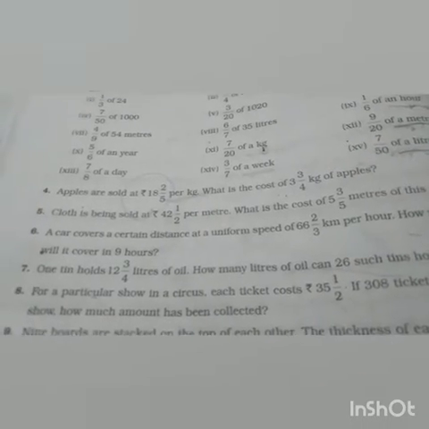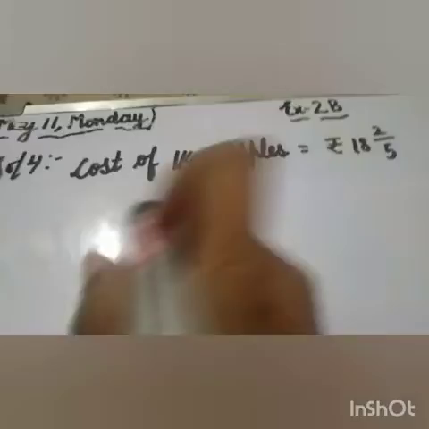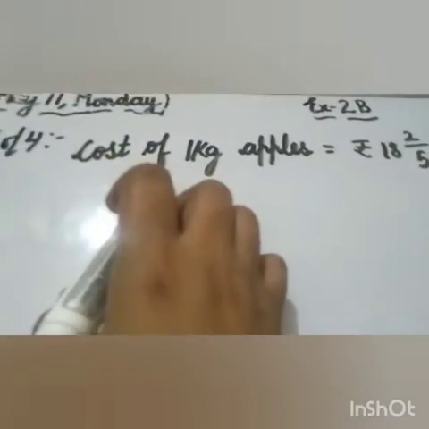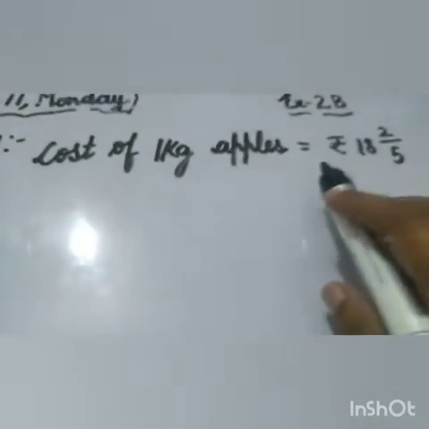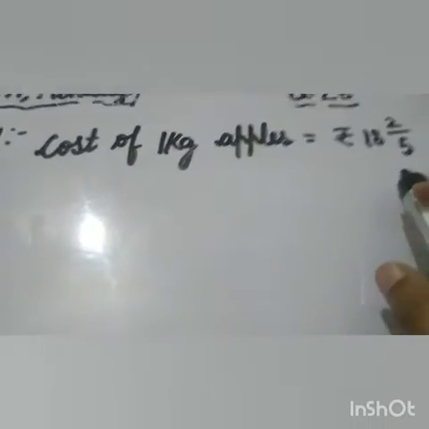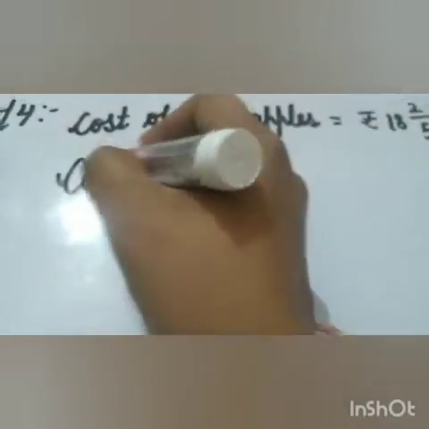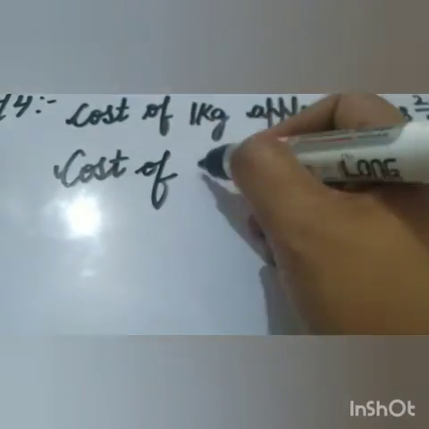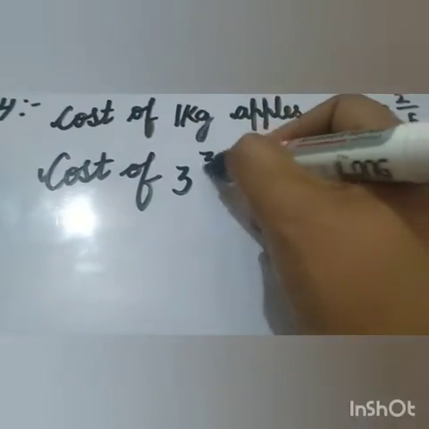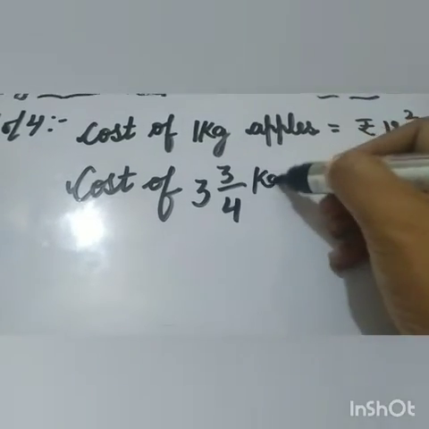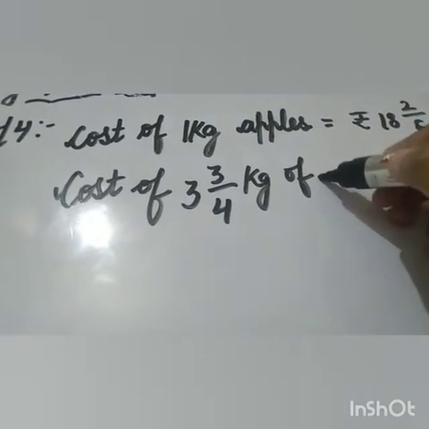Okay students, let's see how you will do it. Here, the cost of 1 kg of apples is equal to rupees 18 2 by 5. You have to find the cost of 3 by 4 kg of apples.